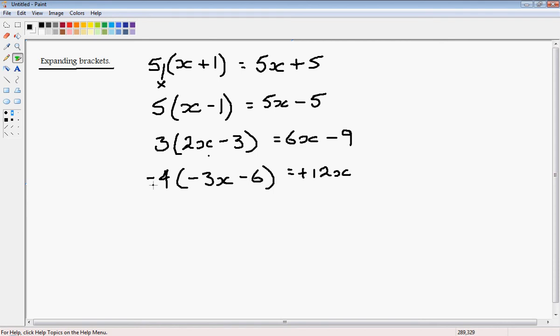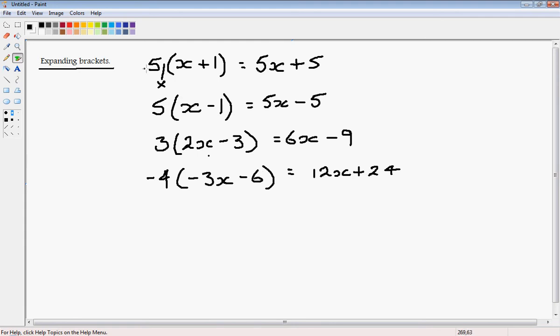Now we get to the minus 6. So first the signs. Minus times a minus is a plus, and then 4 times 6 is 24. Now I tend not to write the plus on a leading number because it's implied, but if it helps you to write the plus, then by all means do it.